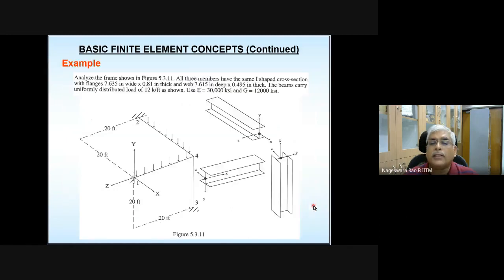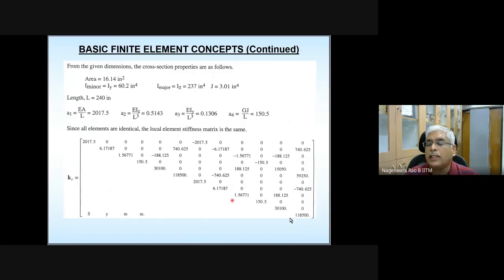And the fourth node is the common node. So in this 12 by 12, I don't need to note down the entire 12 by 12 global stiffness matrix, only the part corresponding to the free node, or the node which is not restrained, that corresponds to the second node.